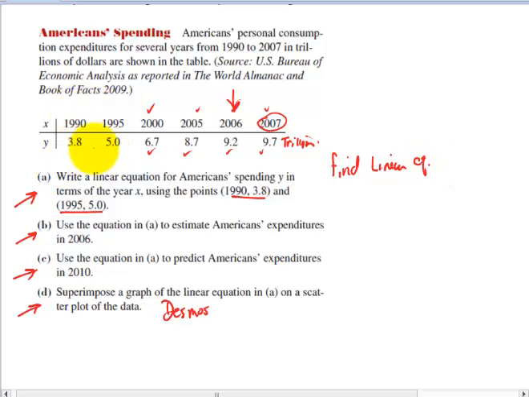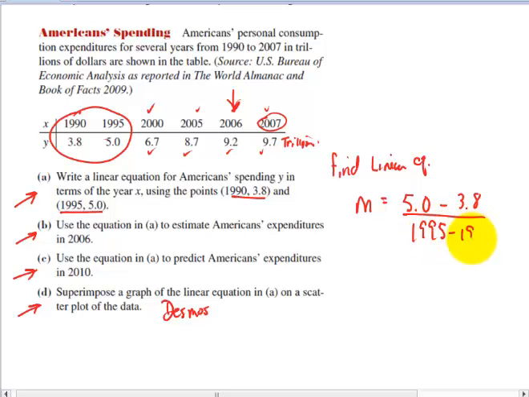So let's just use these two points to find the slope. So m equals, remember it's the y value, so it's going to be 5.0 trillion minus 3.8 trillion divided by 1995 minus 1990. So my slope is equal to $1.2 trillion per 5 years.